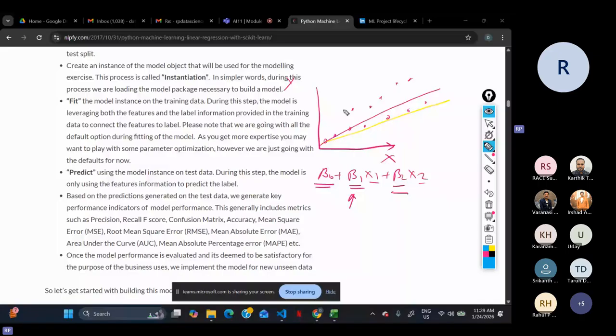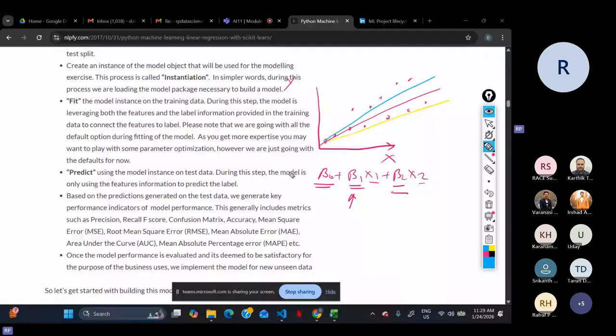It's trying to fit many different versions of the lines to figure out where the error is going to be the lowest. Any type of modeling that you do, you have to specify a loss function, right? So what is it trying to minimize or optimize for you? In this case, it's trying to minimize the errors for you.